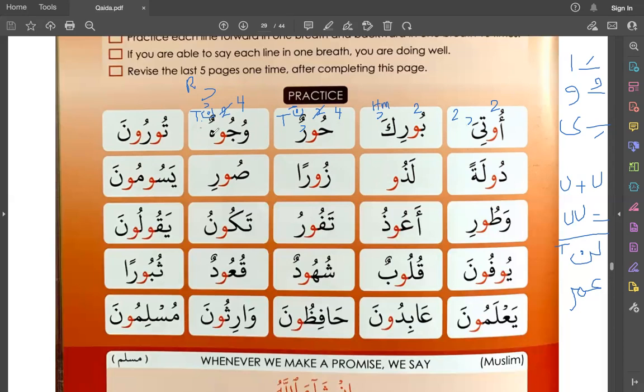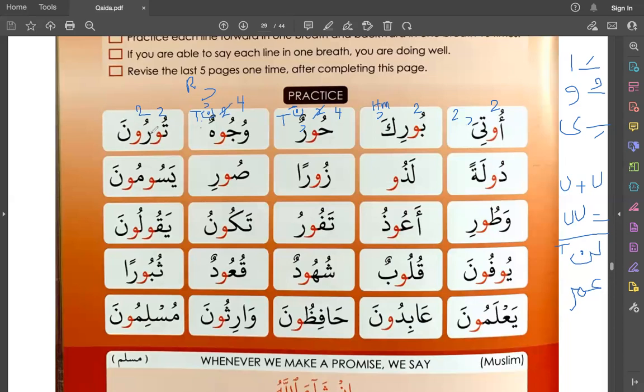Two, circle your lips well, make it two counts long. Uru, tu, uru, na, tu, na. How will you start?